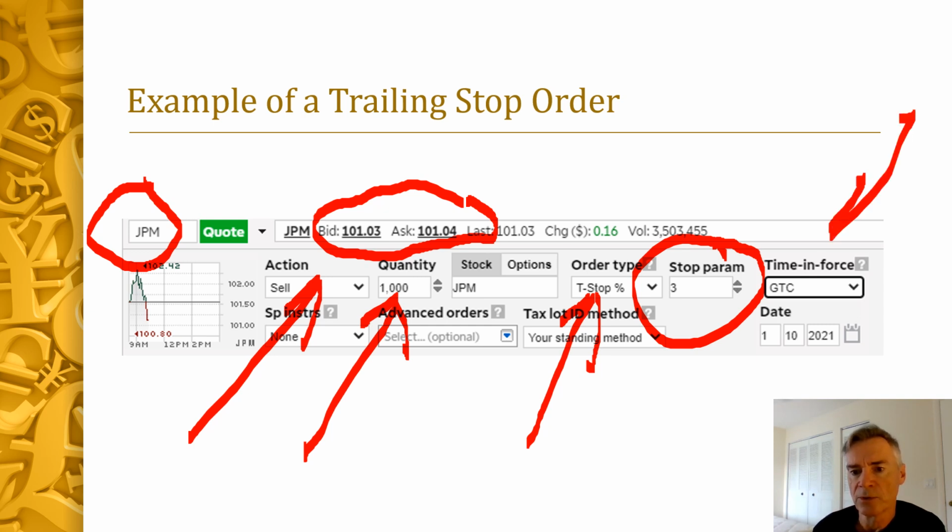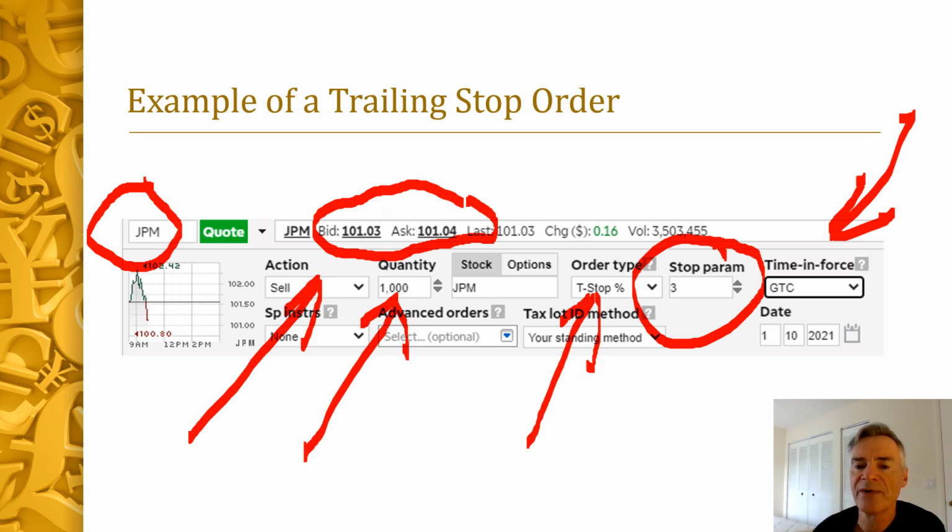In other words, this order will sit there until I cancel it, or until JP Morgan says we're having a stock split or we've just issued a dividend payment, in which case the online brokerage account will notify me that my trailing stop order has been cancelled due to a corporate action.